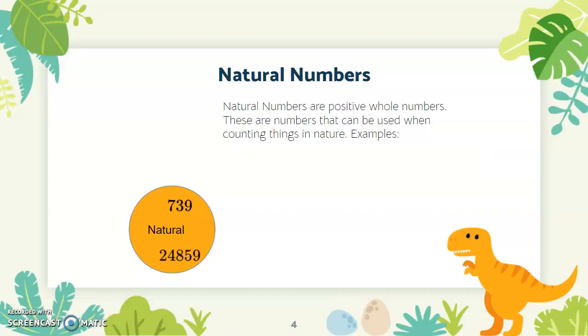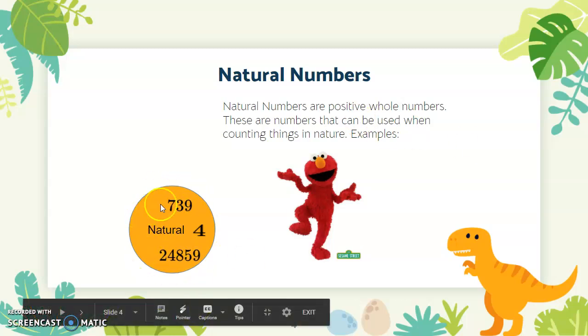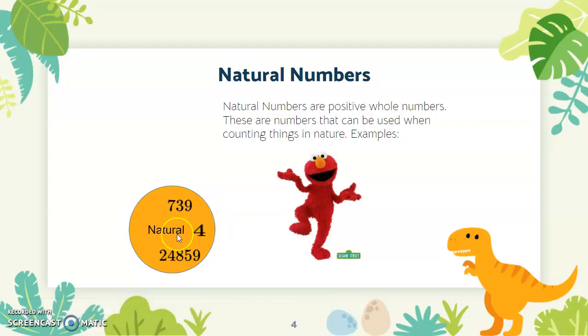These are all numbers, right? But we also include the numbers that Elmo taught us on Sesame Street, our basic counting numbers 1 through 10. So for example there, we use the number 4 also. Now there are lots of numbers in here, but remember they have to be positive whole numbers.